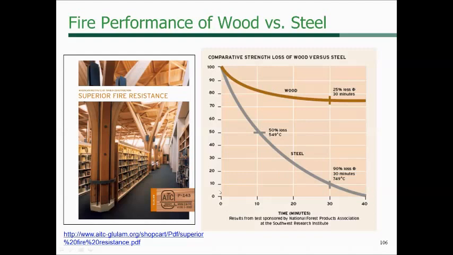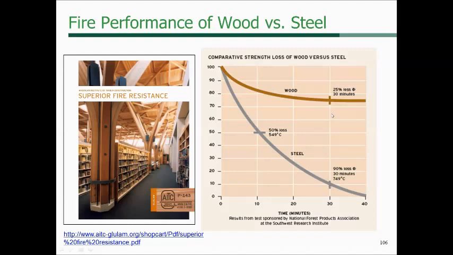And so strength is on the vertical axis, and then on the horizontal we have time. So going up to 30 minutes, you can see that there was some loss of strength in the glue-laminated timber, but at 30 minutes it only lost about 25% of its strength, whereas an unprotected steel member lost 90% of its strength.